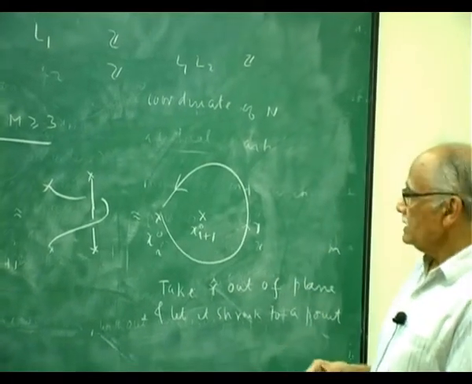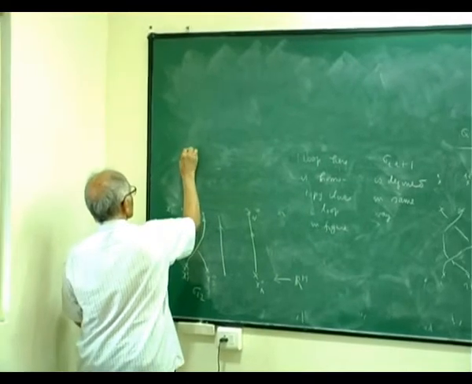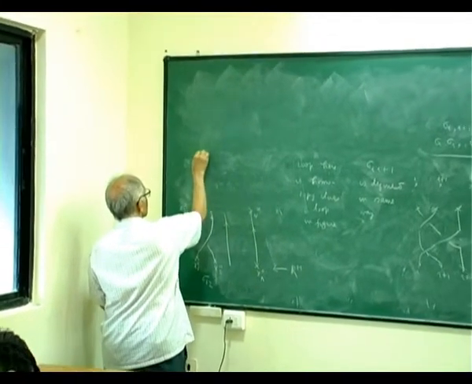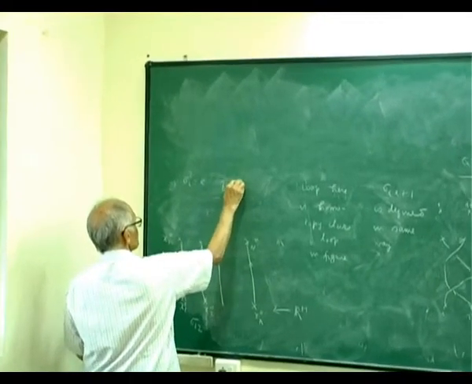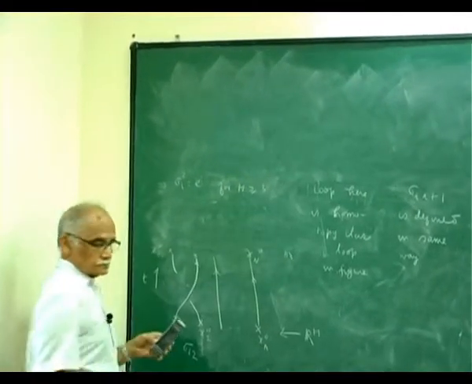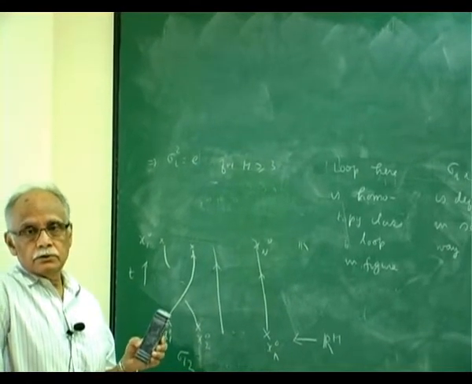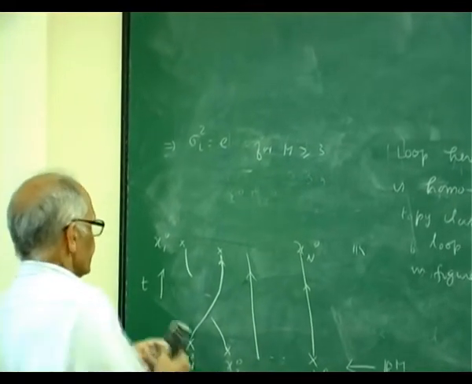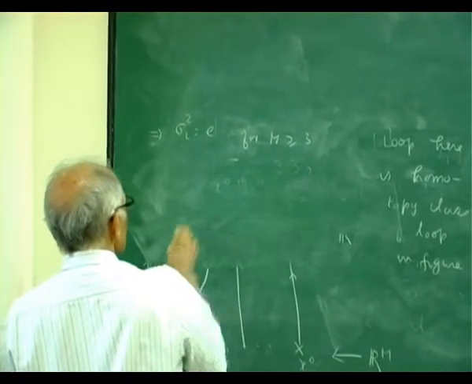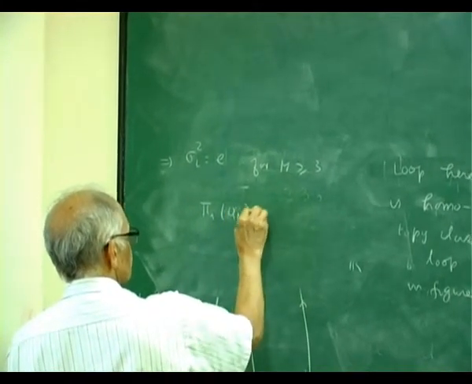So what has happened is that sigma i squared is identity in 3 or higher dimensions, for m larger than or equal to 3. Therefore the pi 1 of Qn is Sn.